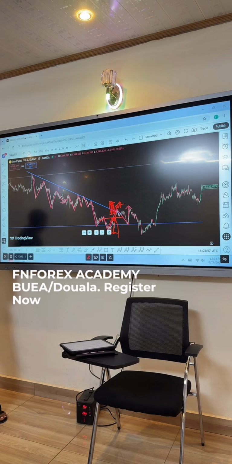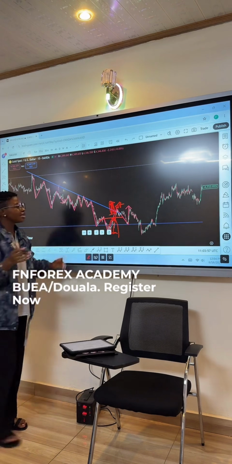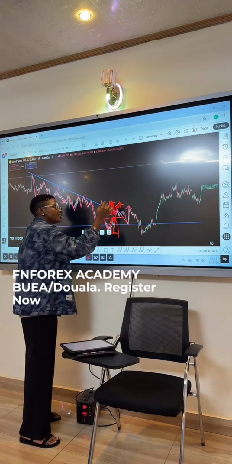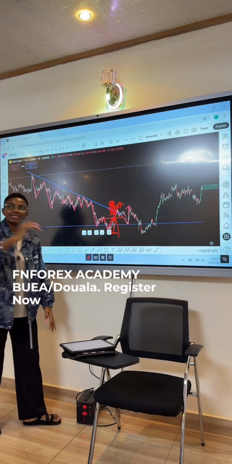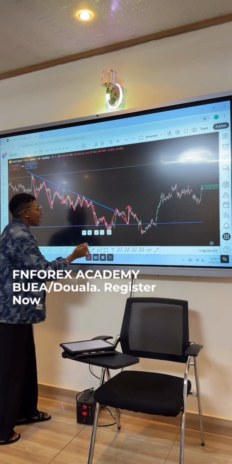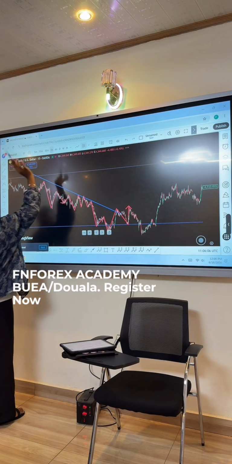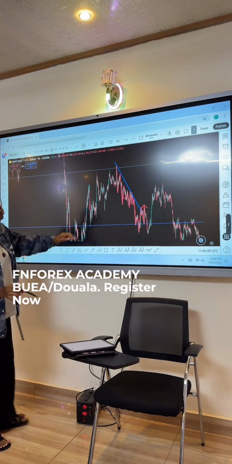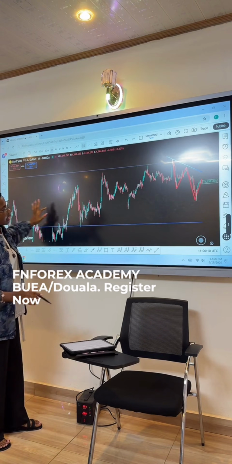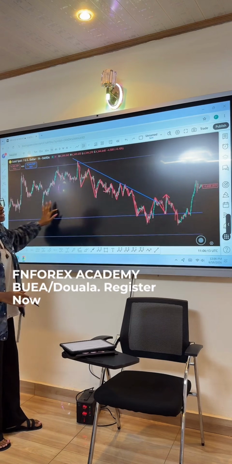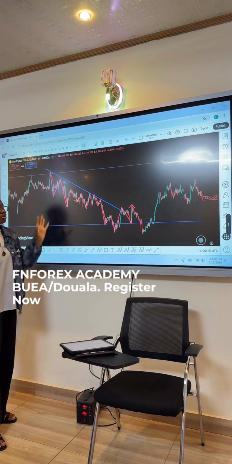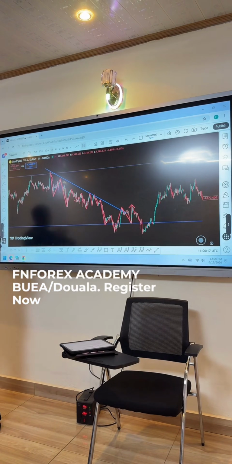Exactly, that's it. So if we go to 30 minutes and you see that the 30-minute candle has closed above here, this trend line is still valid. It is only invalid if you come to 1 hour and you see that it did not break it. The 1 hour candle for a day trader is the most important time frame.